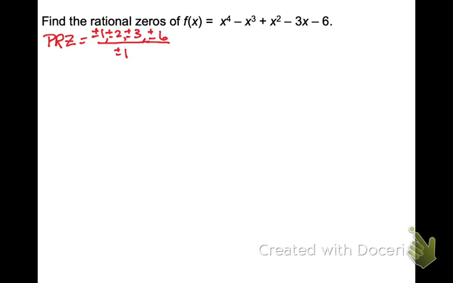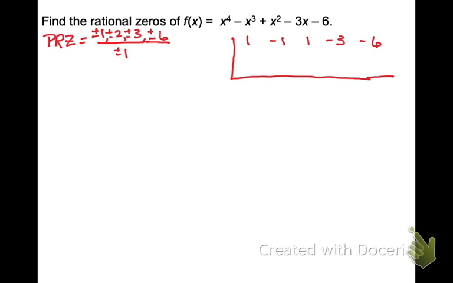Now what we do is set up our synthetic division. You got plus or minus 1, 2, 3, or 6. You got 4 options. Where do you guys want to go? Why would you pick 6?